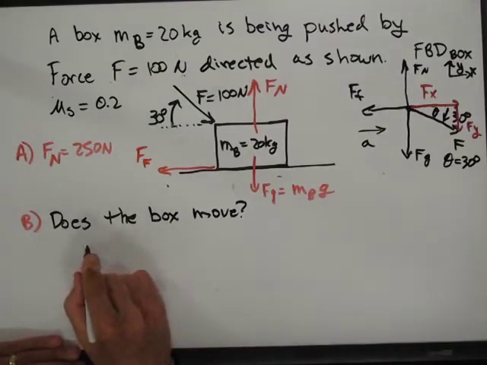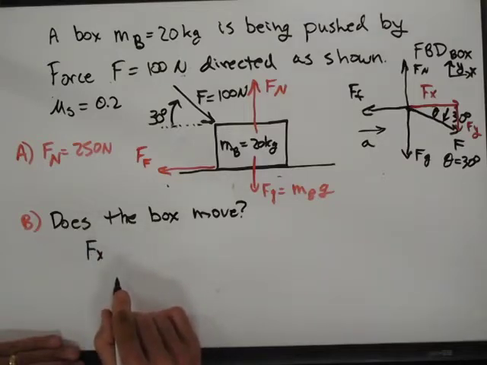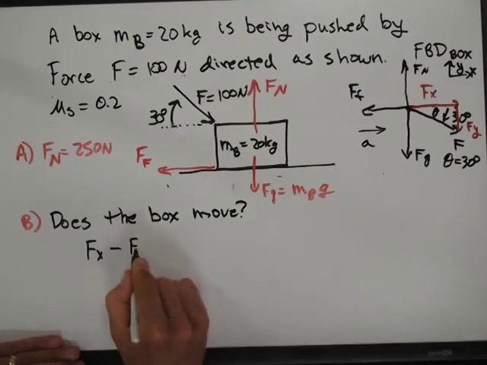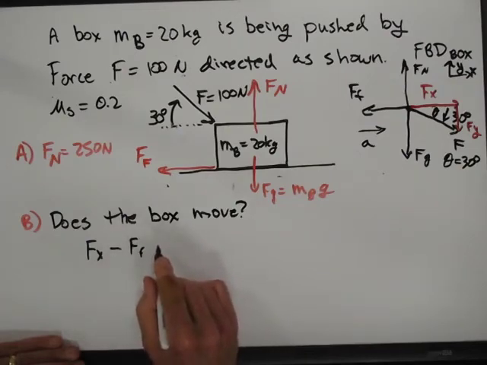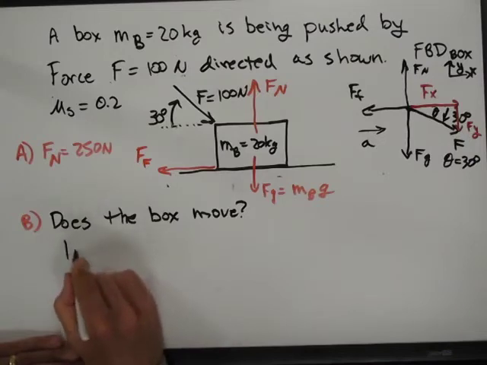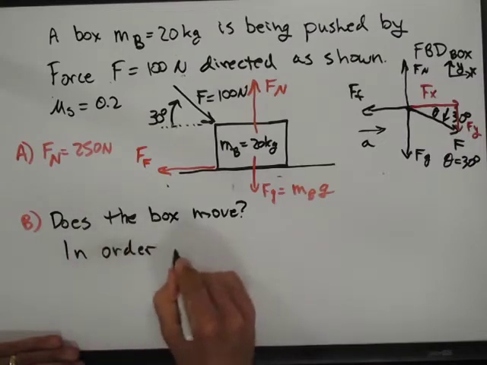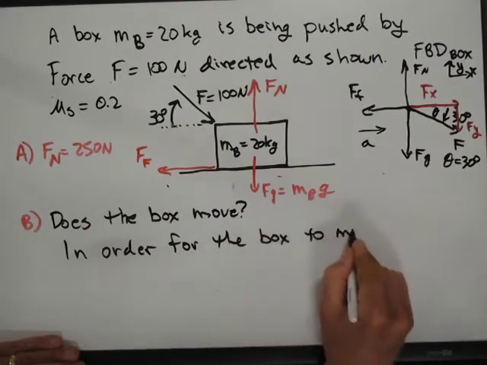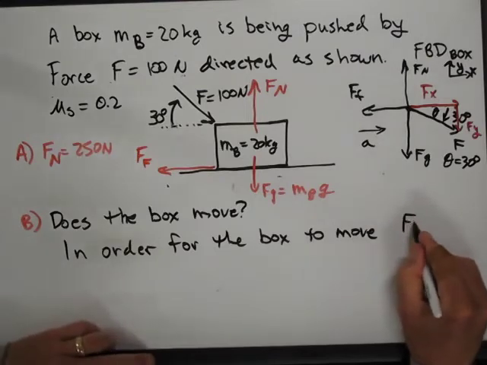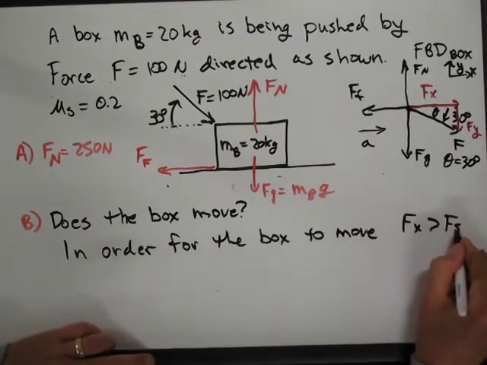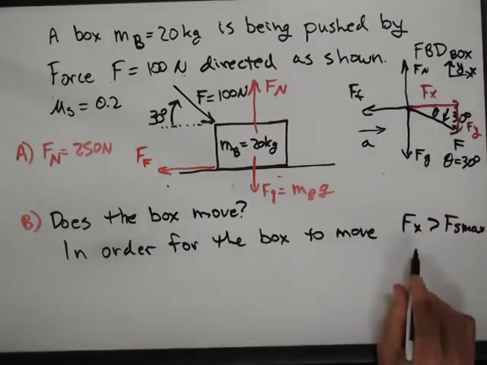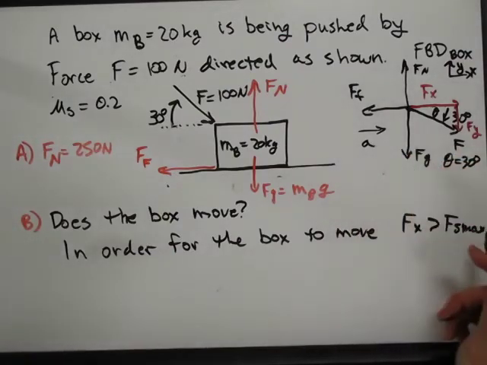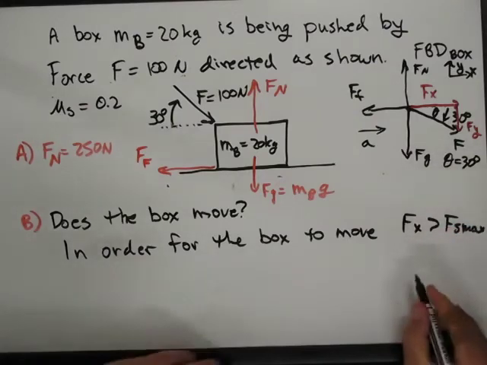We say, look, in order for the box to move, the x direction push force has to be greater than the maximum value of the static friction force pushing in the other direction.